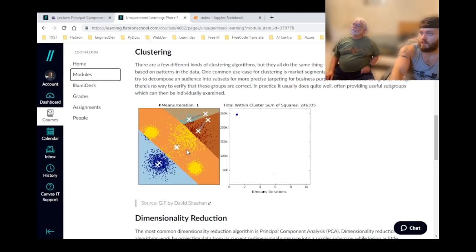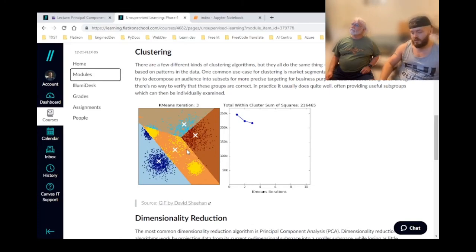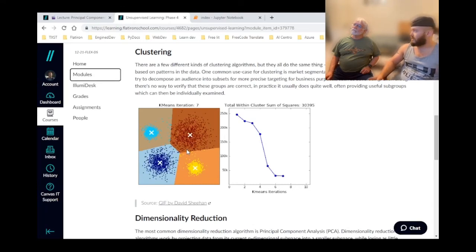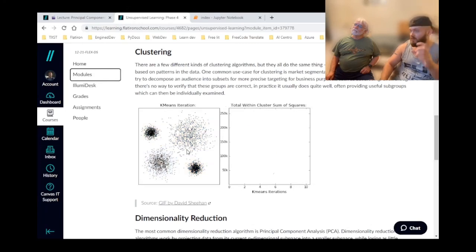Right, so what the analysis part of principal component analysis is doing is you're trying to find the ideal number of principal components to use. And then once you know what that number is, then you build a model with that specific number of principal components.